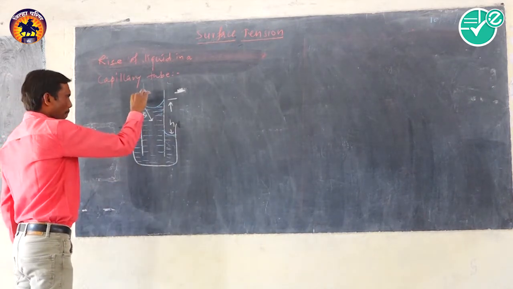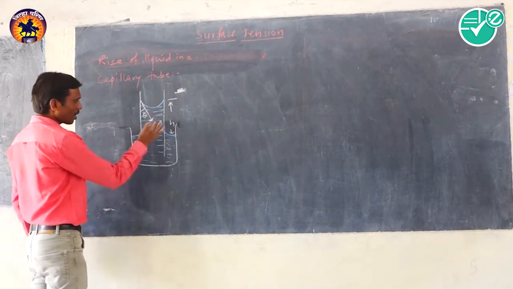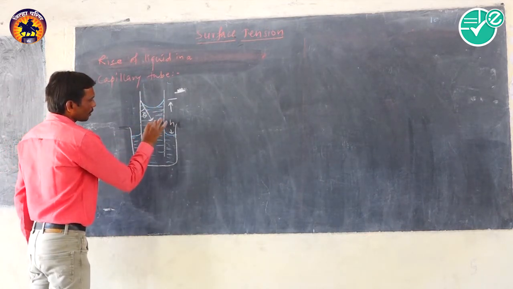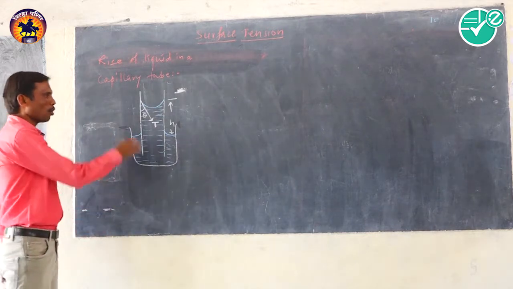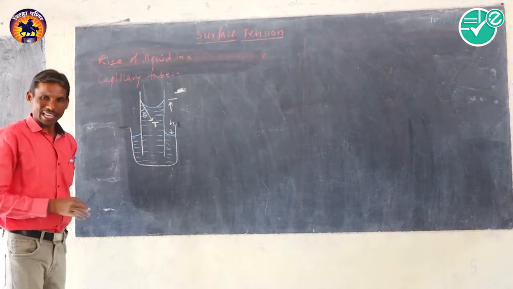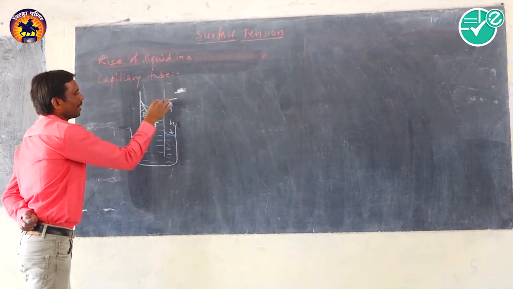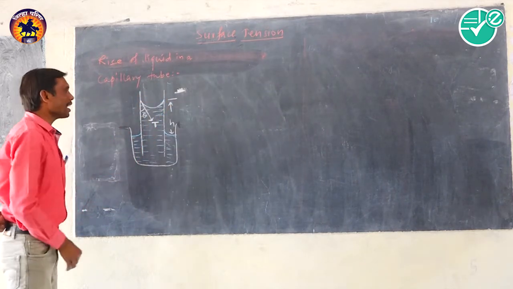But due to the force of surface tension, now consider T, that is the force acting per unit length on the surface of glass capillary, which comes in contact with the liquid meniscus. What is meant by liquid meniscus?